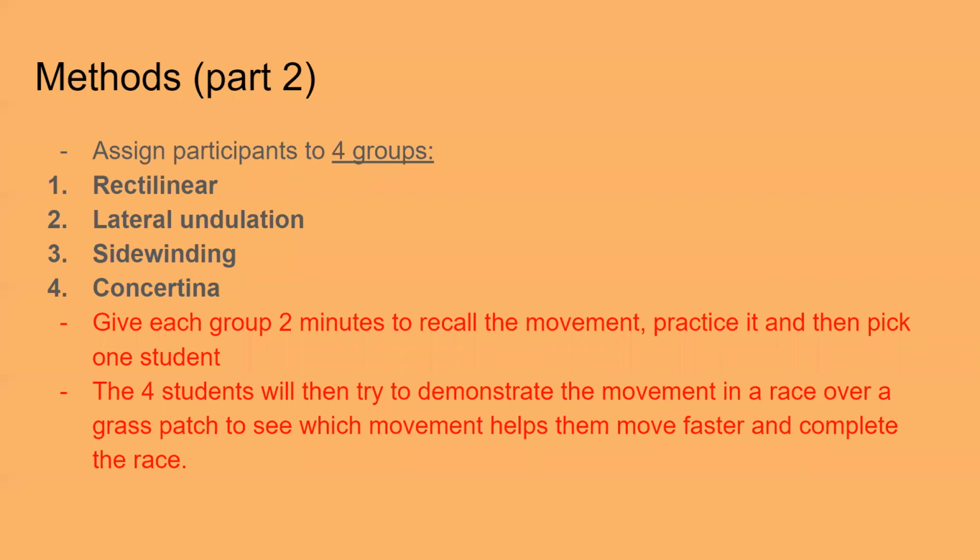And then for the second part, we had them split up into 4 different groups, each group given one type of motion: rectilinear, lateral undulation, sidewinding, and concertina. First we gave them small toy snakes, and we gave them a few minutes where as a group they could recall the motion it moved, and then they could practice it with the wooden snake that we gave them.